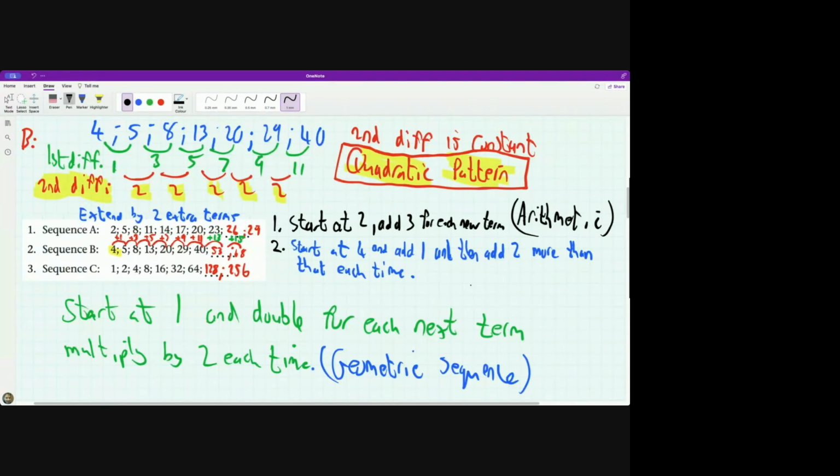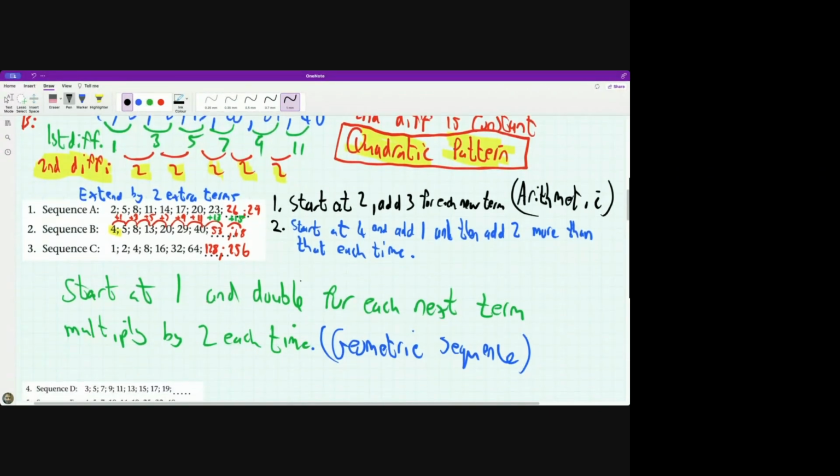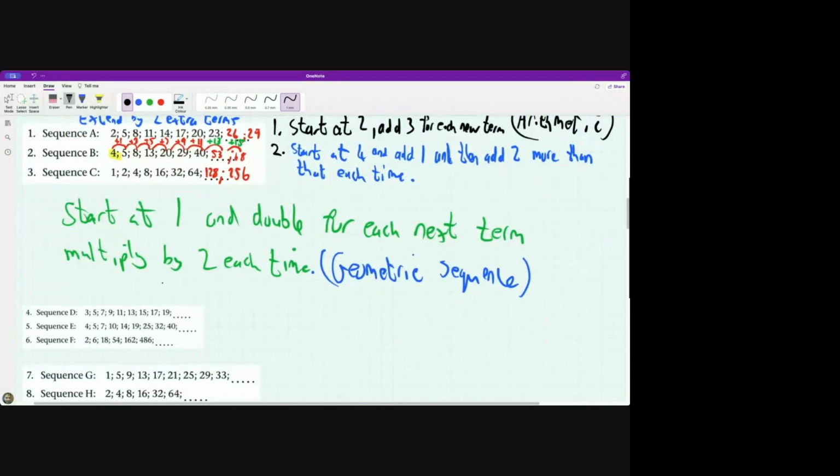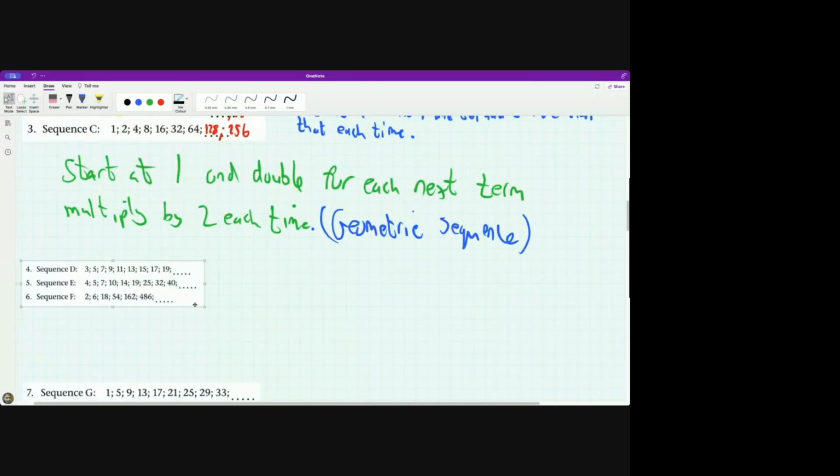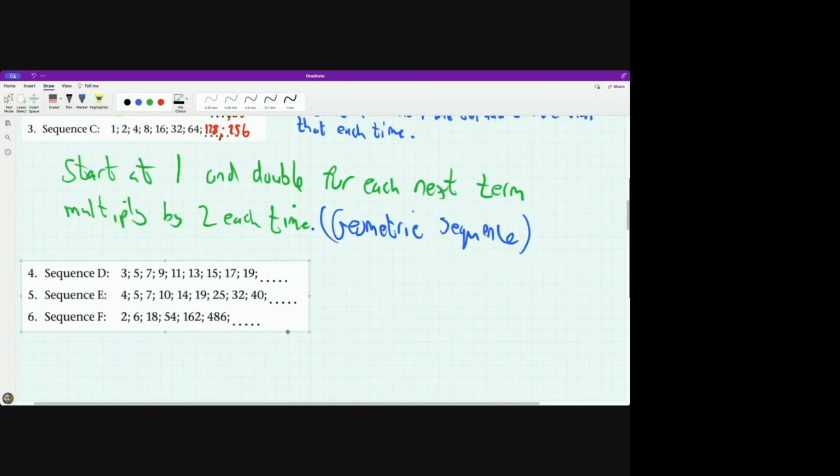Now, I think what we need is another go at this, but let me pause. Are there any questions about recognizing these sequences in the wild? Okay, if there's no questions, then let's see. I want you to look at these next 3, and I want you to generate the next number in the pattern.